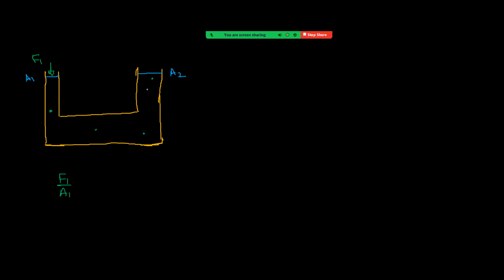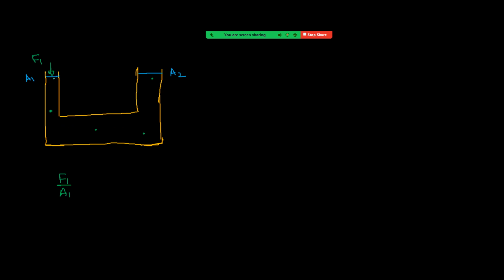So condition number one, it is enclosed in a container. It is a closed container. And second, the liquid must be incompressible. Incompressible means we cannot compress it, that means density is the same at each and every point.